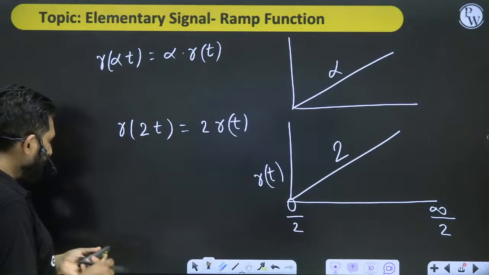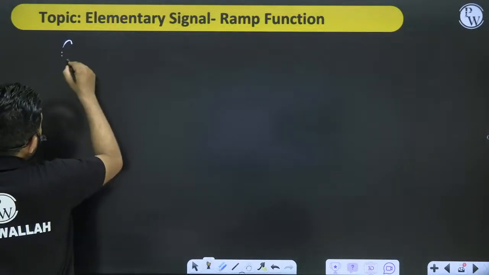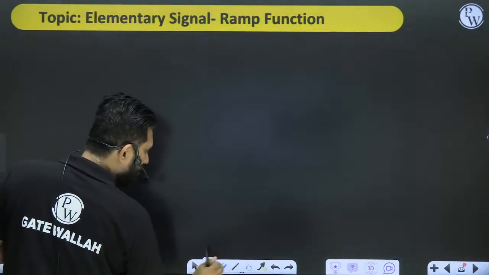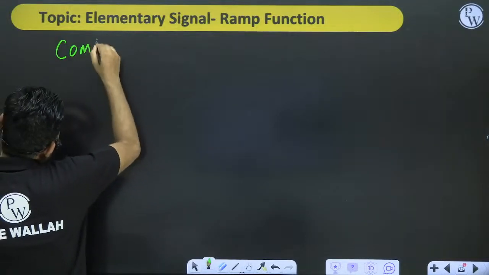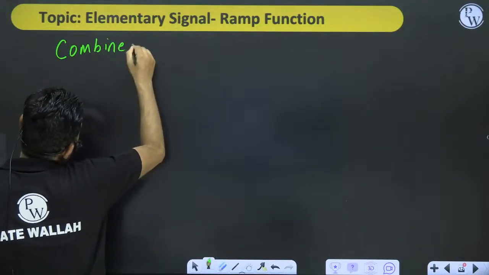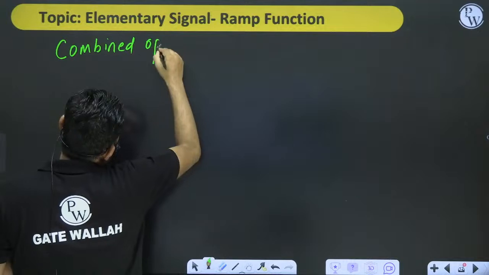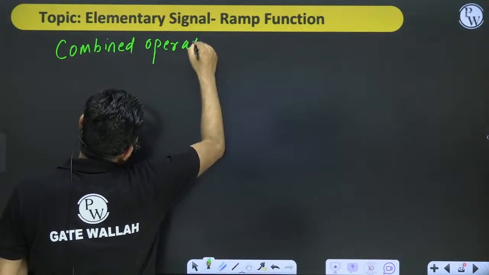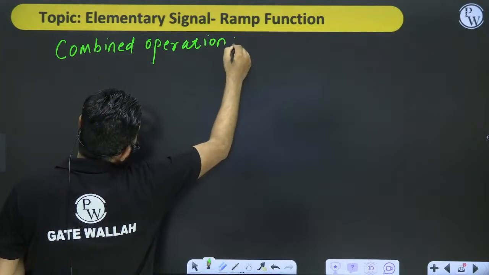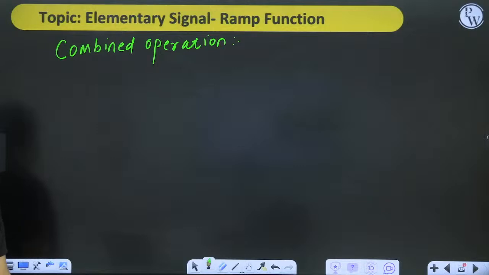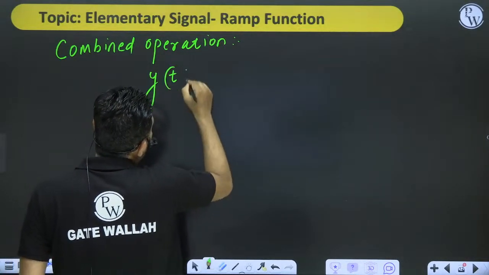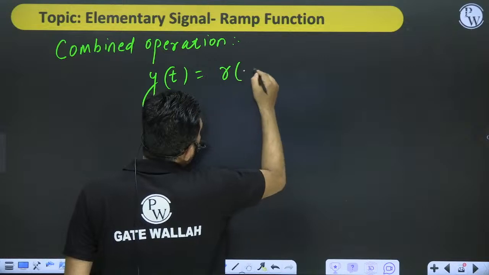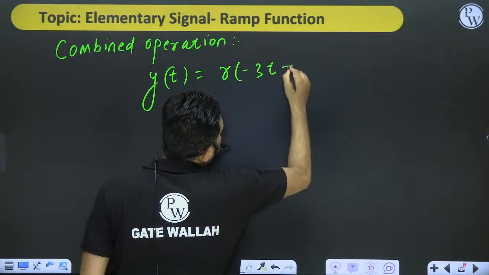For example, let us take a combined operation. Suppose I have y of t, which is r of minus 3t plus 9.